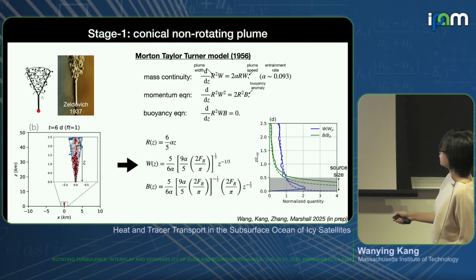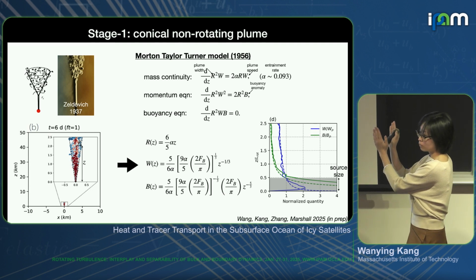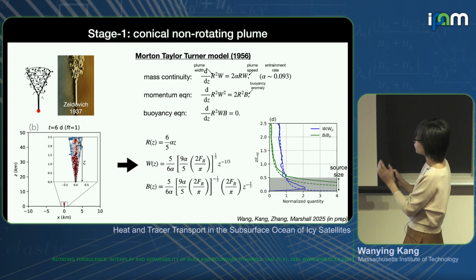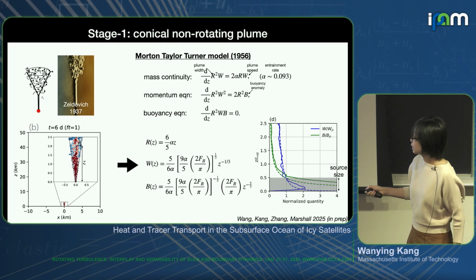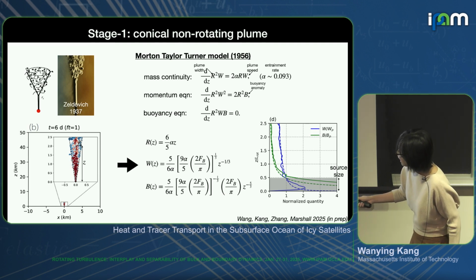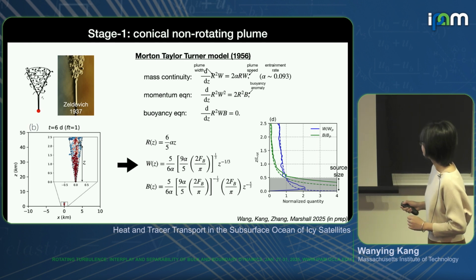MTT solution, which tells you that the radius of the cone should increase linearly with z. This is plotted using the dashed curve here, and you can see that it matches really well.